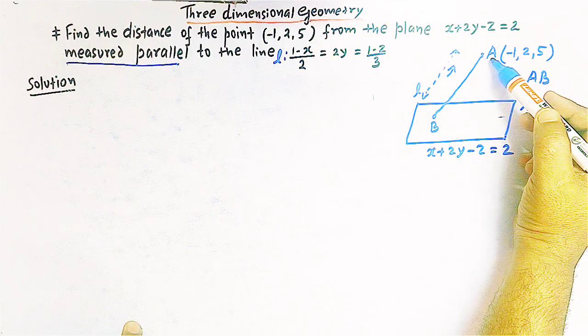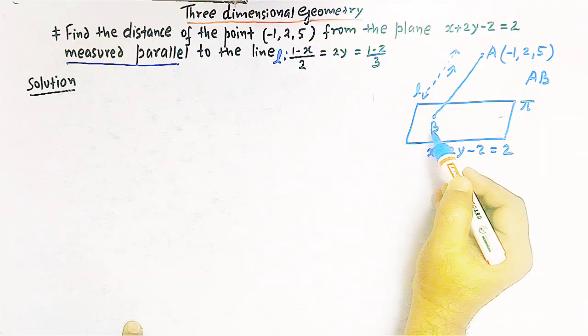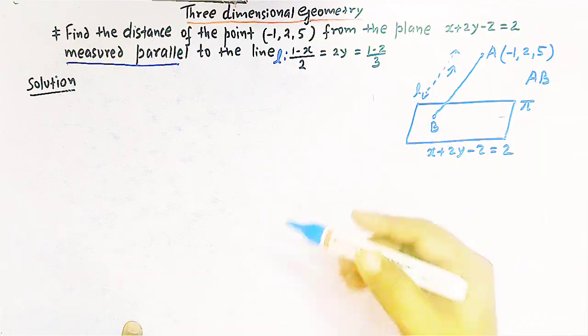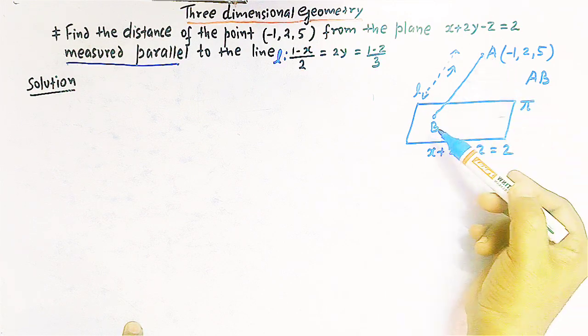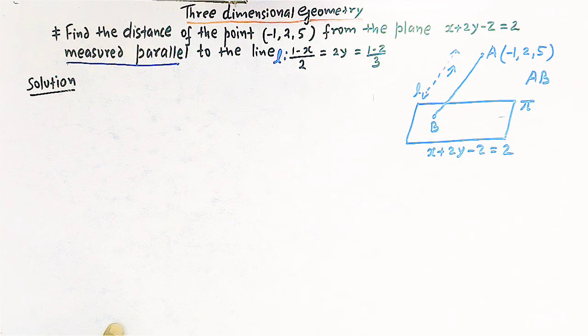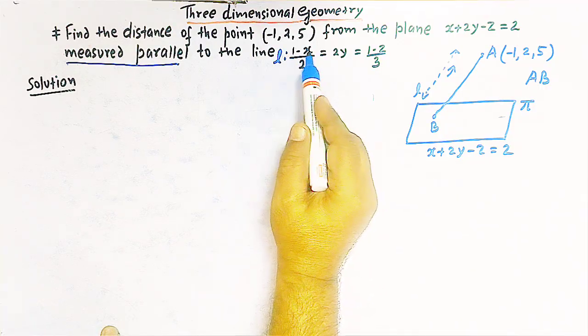The coordinates of A are known, and first we'll find the coordinates of the point B, and then we can easily apply the distance formula to get the distance AB, right?